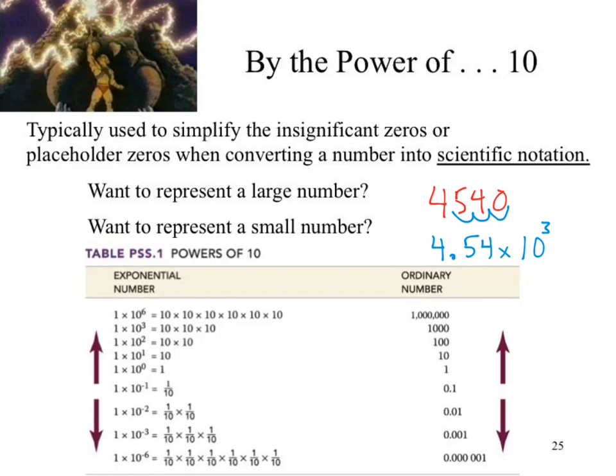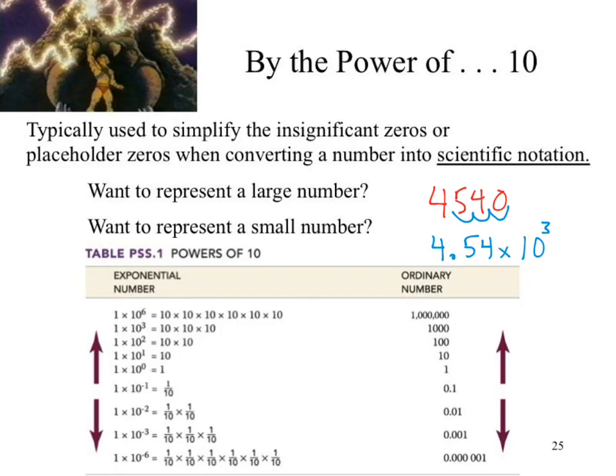So I can remove some of that ambiguous 0 or sig fig issue by converting it into scientific notation. We get all these powers of 10. You can go bigger, you can go smaller, depending on what you're trying to do. Does Mastering accept that? It should.